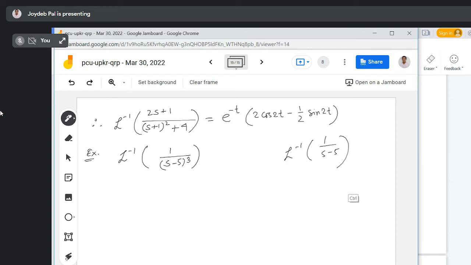So I can't apply any tabulated formula. So you have to apply... It is of the form s minus a, na? So you can think it as here f of s minus 5. It is a function of s minus 5, na? I can think 1 by s minus 5 whole cube.